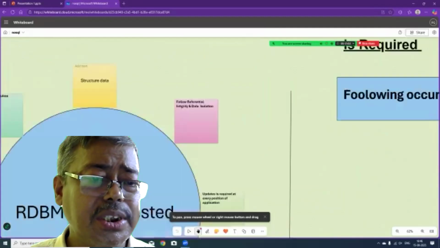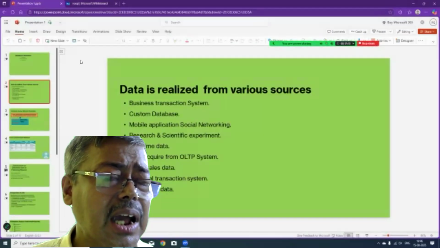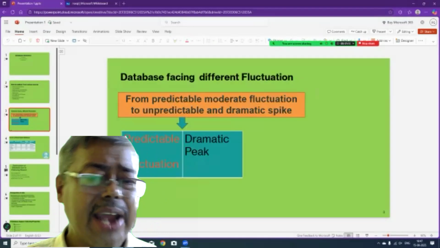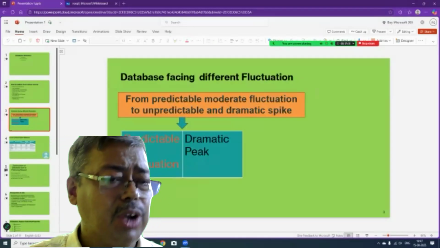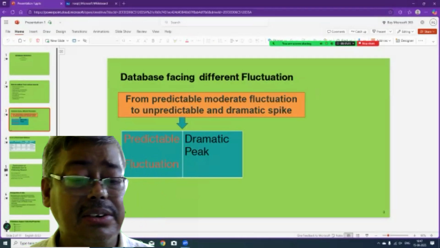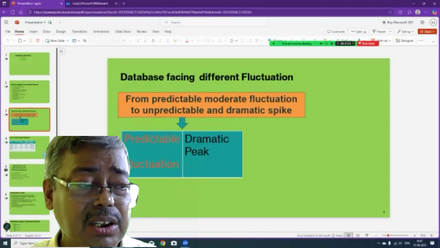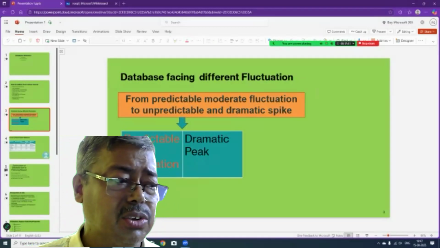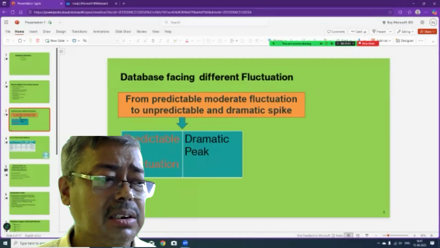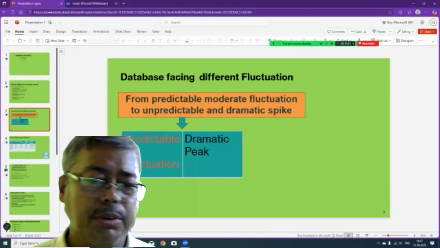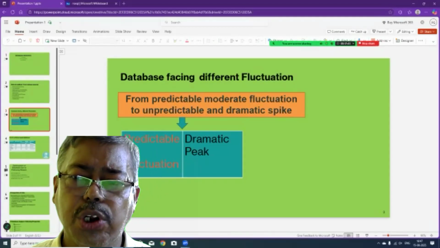In this discussion, we covered the outside view and the inside view of the database system, and also predictable fluctuation and dramatic peaks, which are called unpredictable fluctuation. In both cases, we have to speed up our network system, adding or reducing extra ports of the system.